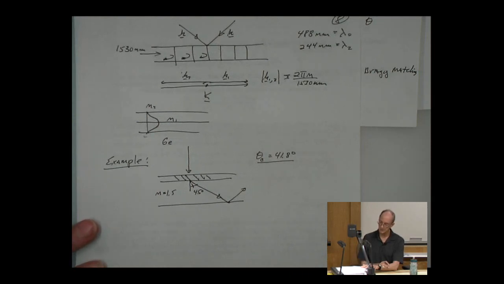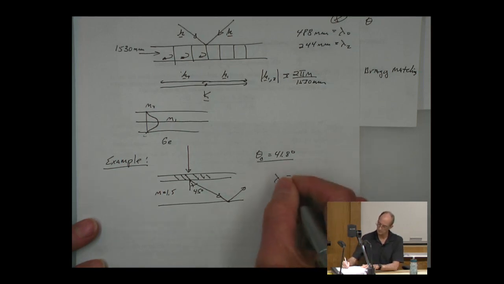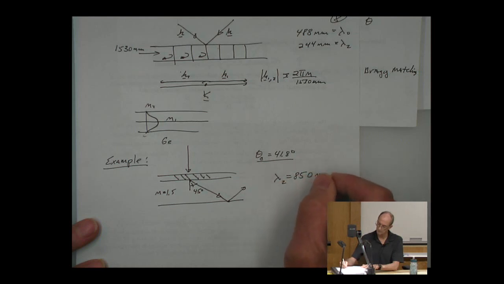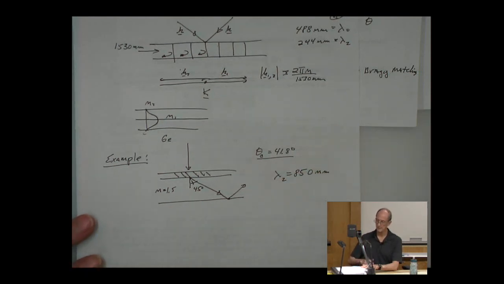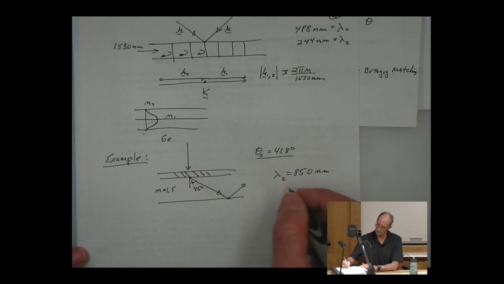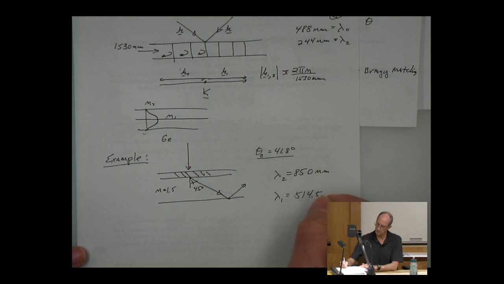But so we want to use this, say, at a gallium arsenide wavelength of 850 nanometers, all right? But this holographic material is sensitive at a wavelength of 514.5 nanometers, another argon laser line.